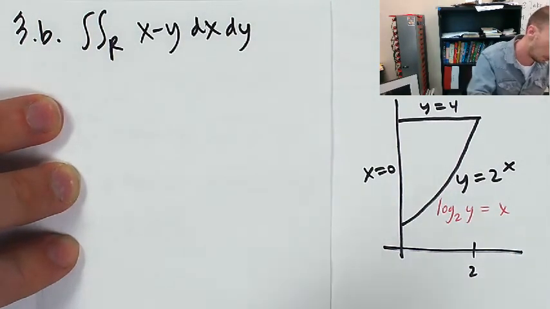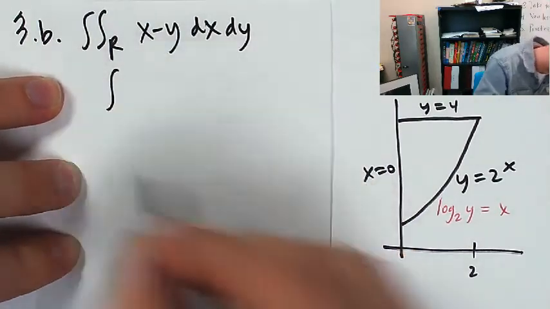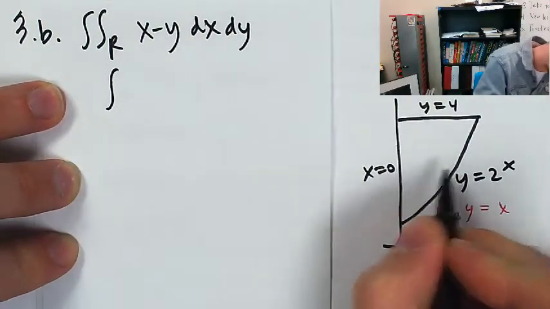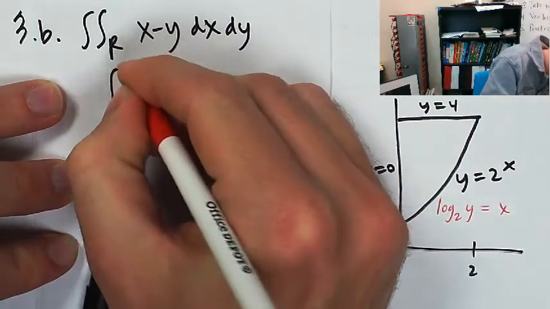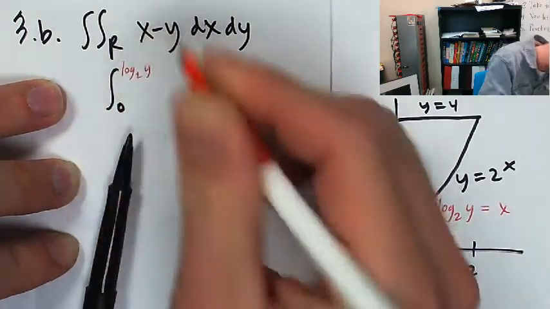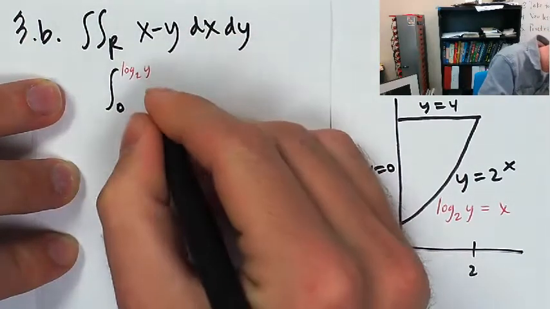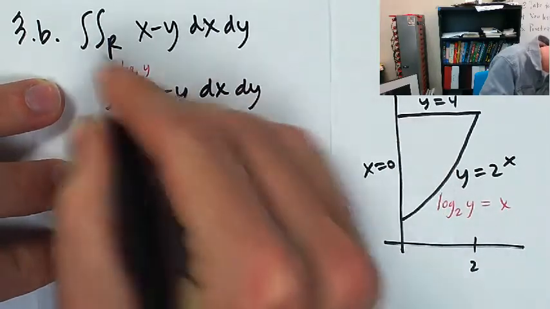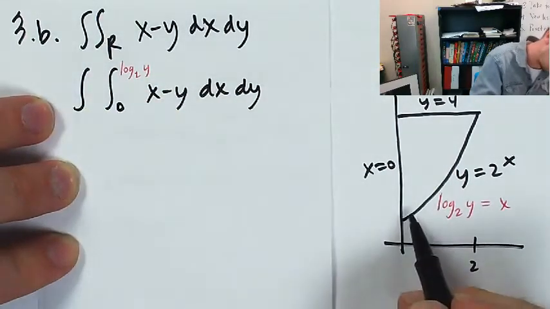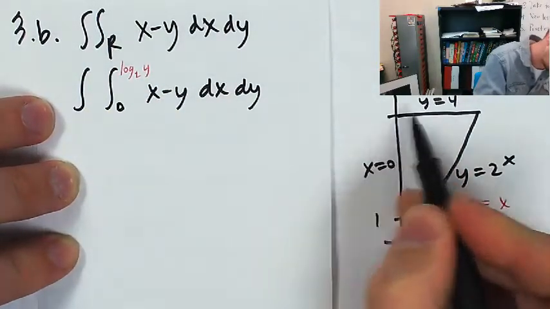Okay, so now I'm going to be integrating x minus y, but as x runs from x equals 0 to log base 2 of y, of x minus y dx and then dy. And what is y running from? y is running from 1 up to 4.